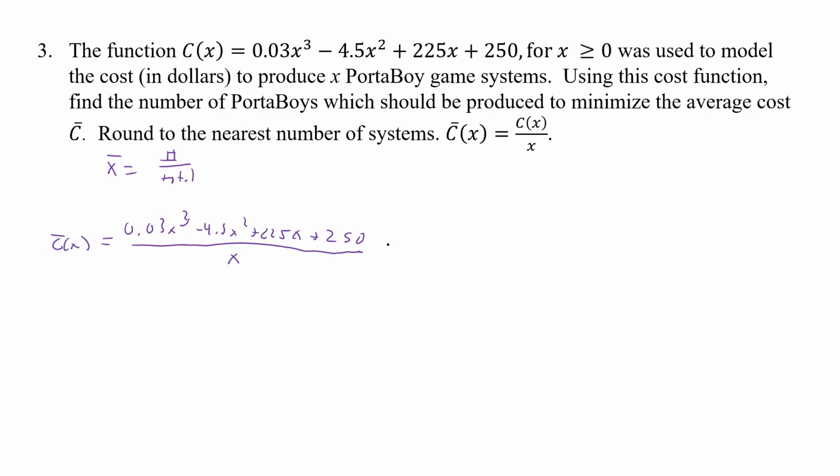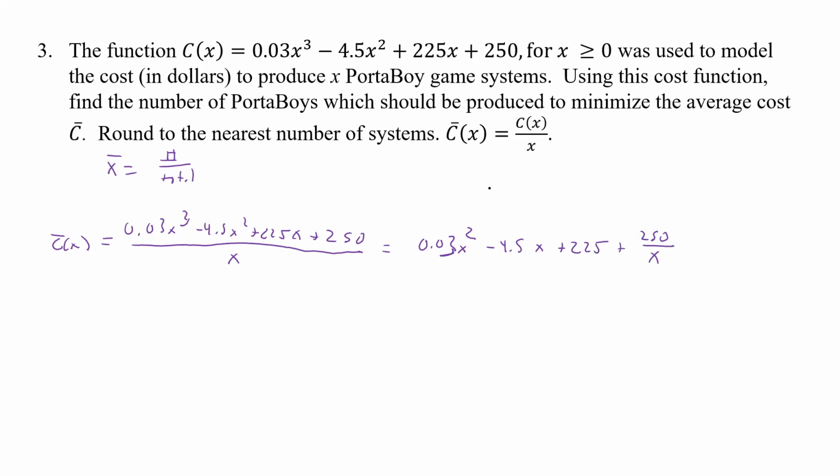So what we actually have then is 0.03x squared, because that's going to divide each one of those, then minus 4.5x, plus 225, and then plus 250 over x.